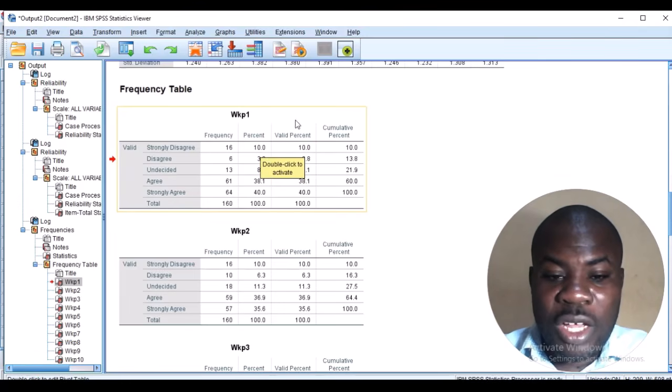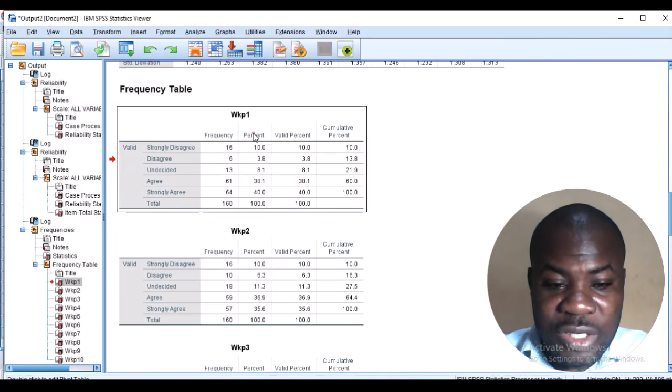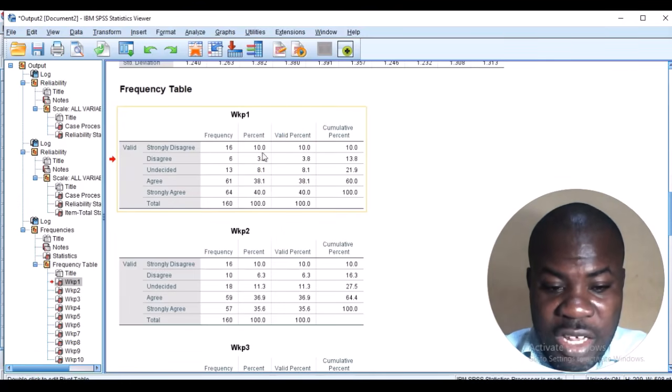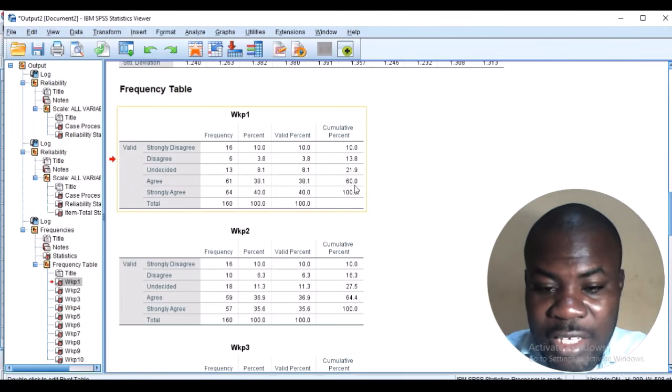You can see that the percent reported at this point is also what you have here. So this is the cumulative. When you add 10.0 to 3.8, that gives you 13.8. You add this, that gives you this, and then you add this, that gives you 100%.